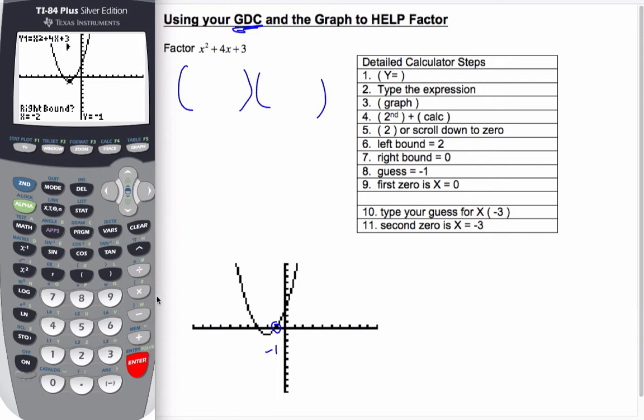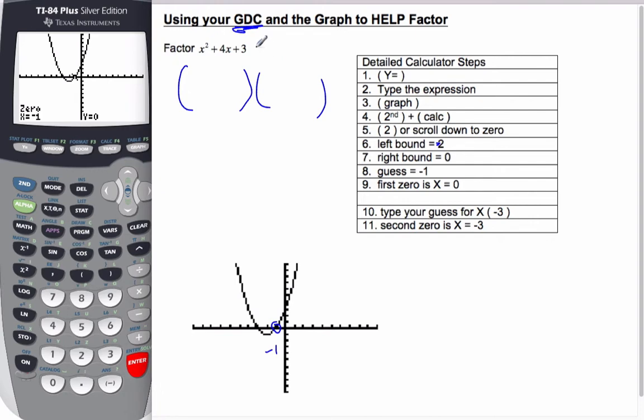Hit enter. Then I want to be to the right of -1, so 0 or 1. I'll make the right bound 0. And then my guess was -1, and indeed it was -1. So I know that x equals -1.